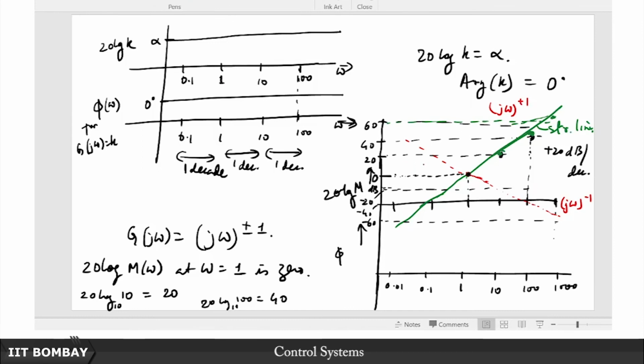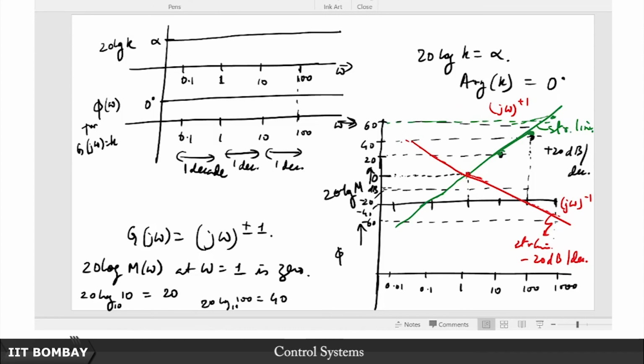Yeah. So this one will go as again a straight line with a slope of minus 20 dB per decade. So that is it, that is all there is to this magnitude plot, right. I need worry about nothing more beyond this.